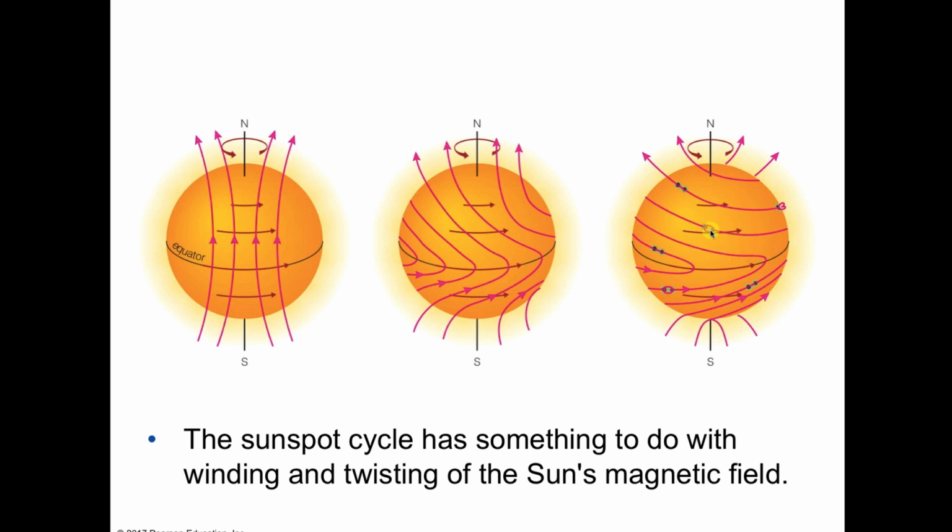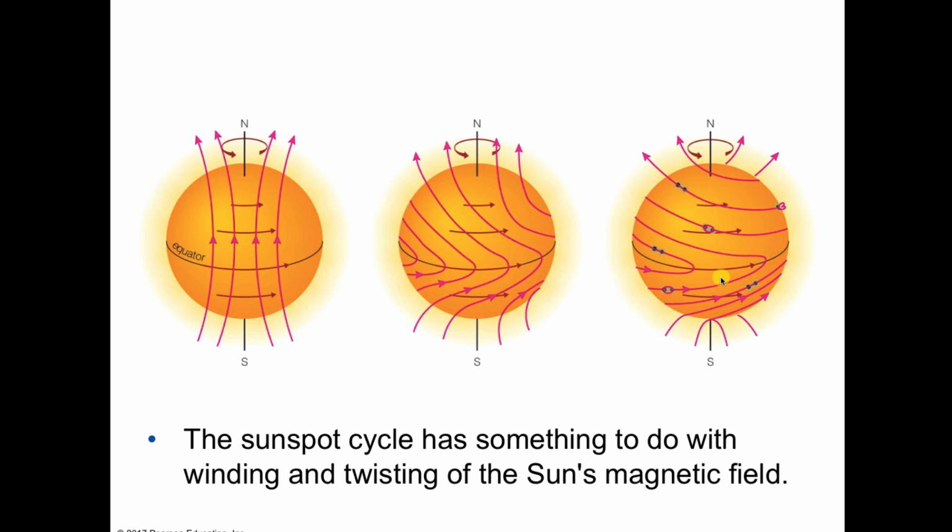They think that if it gets twisted up enough, it almost forms knots. Little knots then form, little bulges in the magnetic field that come out of the surface and go back into the surface. And that's where our sunspots appear. So we think that the sunspots appear because of this knotting, this twisting of the magnetic field over time.